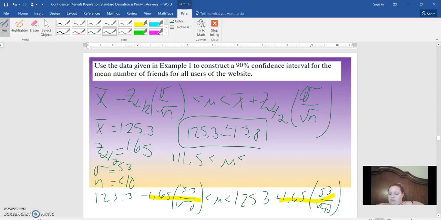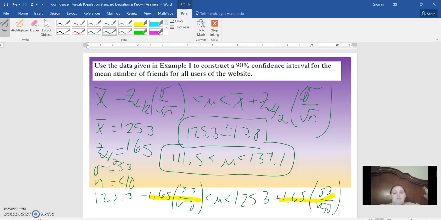And 125.3 plus 13.8, I get 139.1. All right, so I'm 90% confident that the number of friends is 125.3, give or take 13.8, or I'm 90% confident that the number of friends is between 111.5 and 139.1.